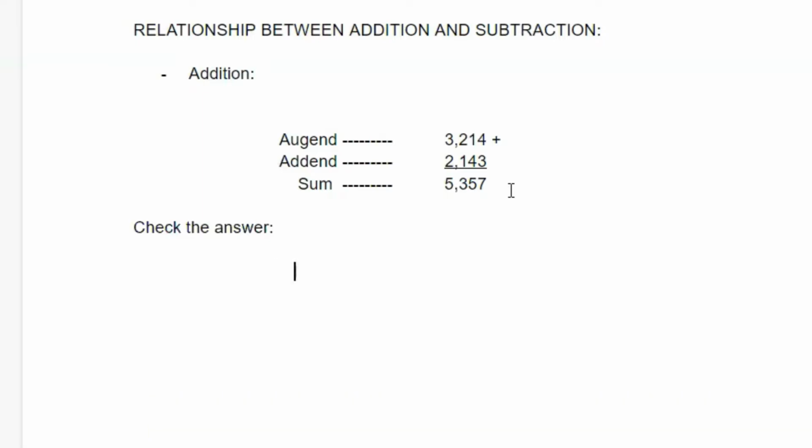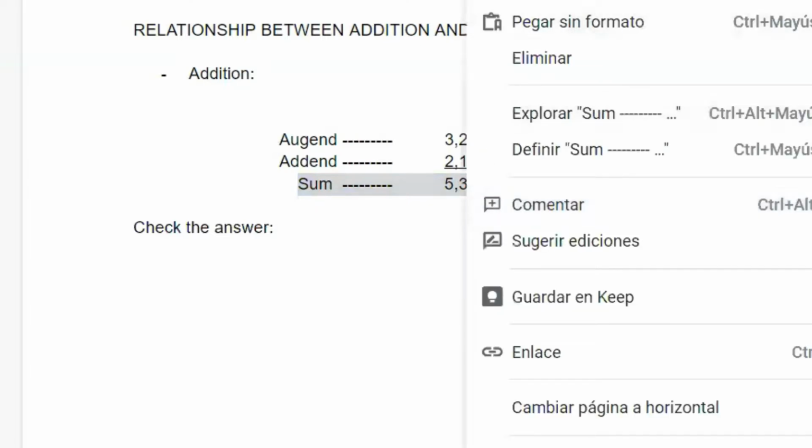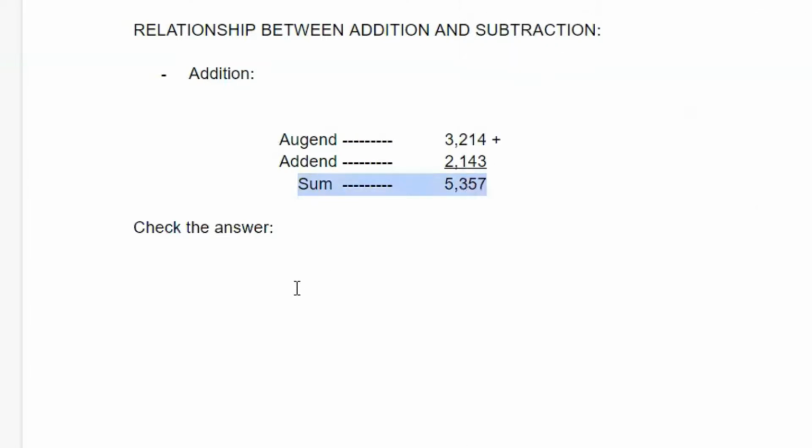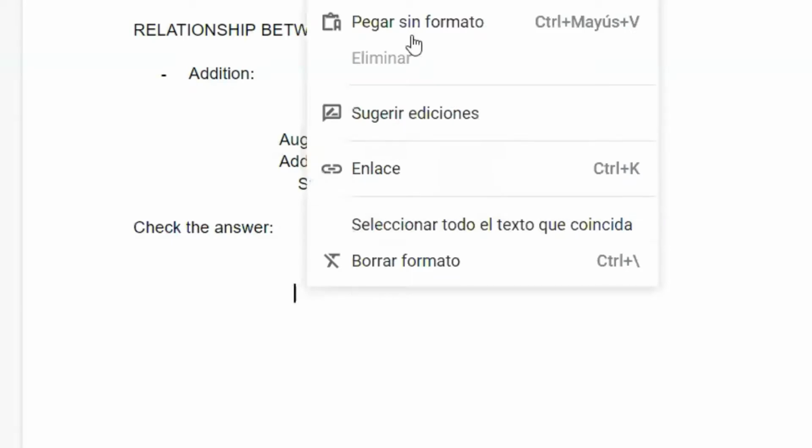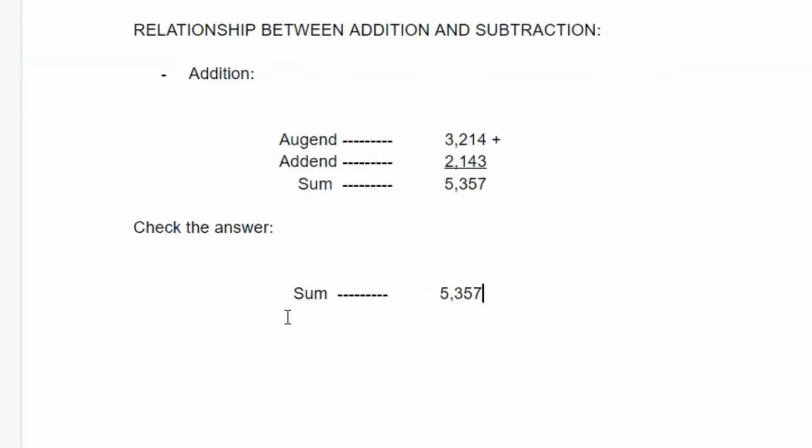And how to do the checking with subtraction? First of all, we are going to use the sum. The sum we are going to write on the top of the subtraction. This is going to be the sum, and then we are going to use subtraction. In the second place we are going to use the addend.